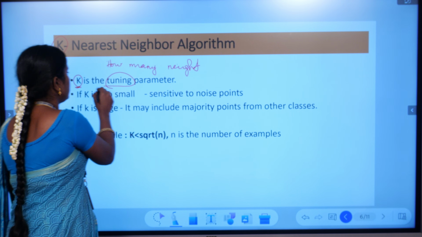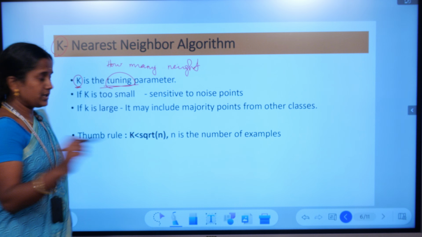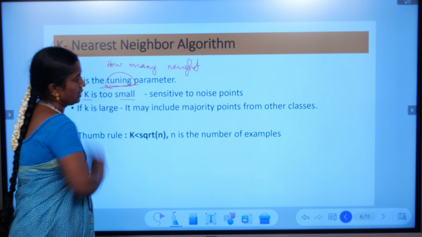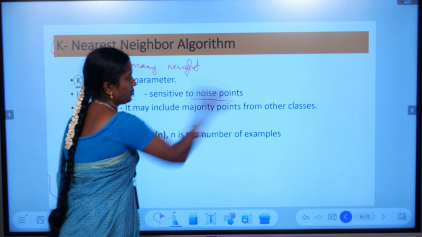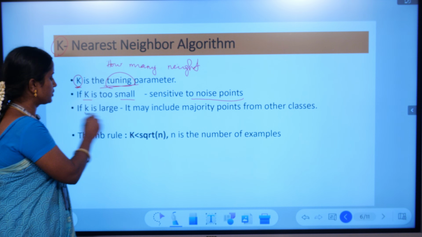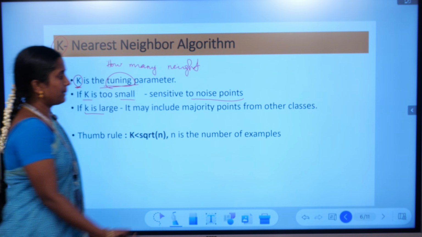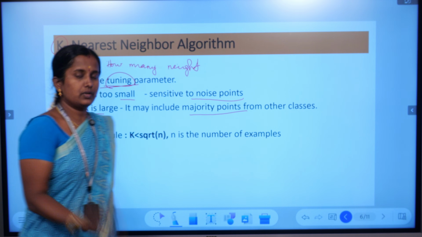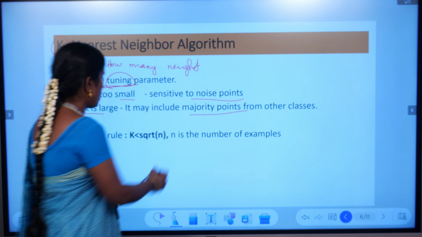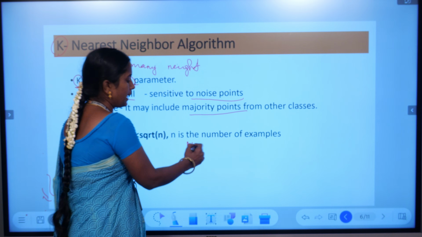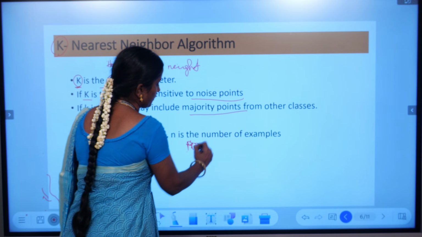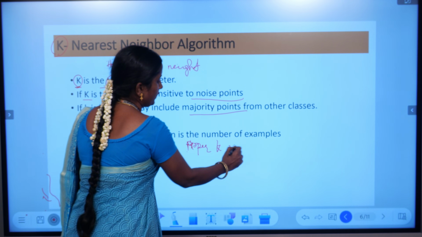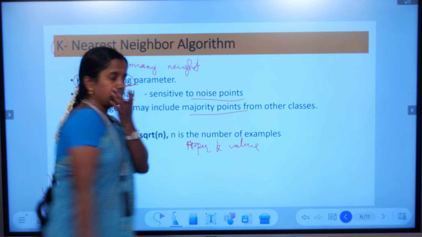If we choose a very small K value, it will be sensitive to noisy points. If the K value is large, more majority points from other classes may be included, which also leads to misclassification. So always we have to choose a proper K value. That is a difficult task here.